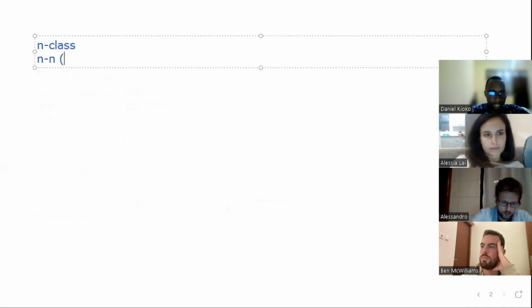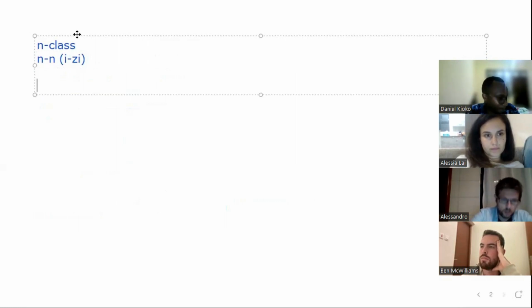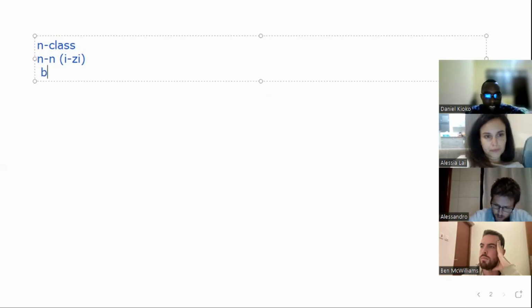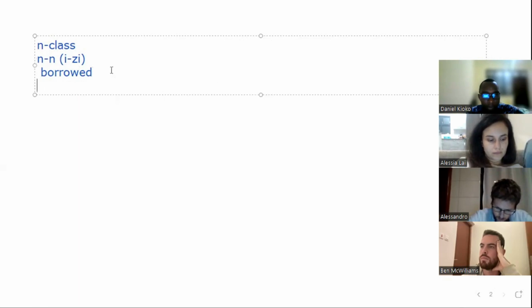The majority of the words in Kiswahili belong in this noun class, and it is dominated mostly by borrowed words. Borrowed words dominate this noun class.